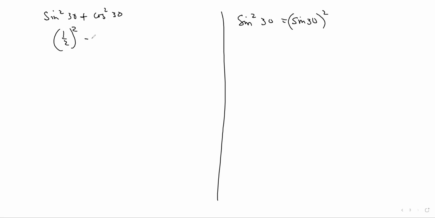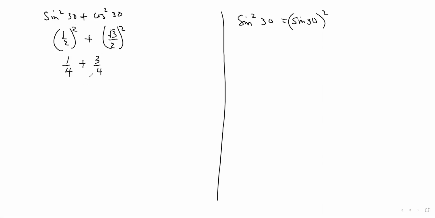Plus, what's cos 30? Cos 30 is root 3 over 2, so you're going to have root 3 over 2 all squared. The square affects everything here. You're going to have 1 over 4 plus 3 over 4.